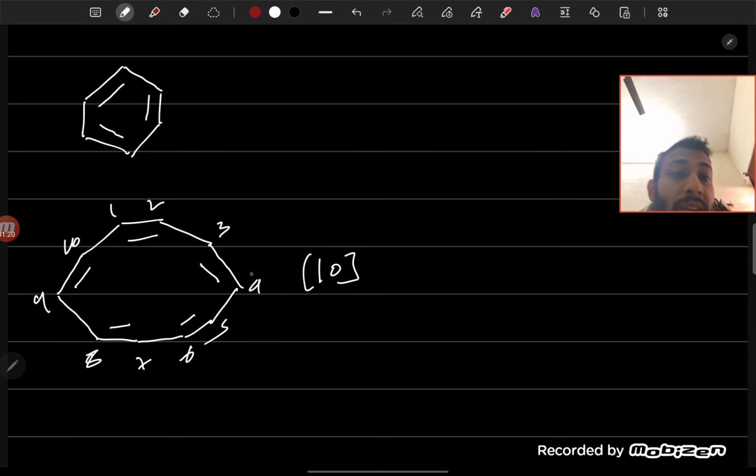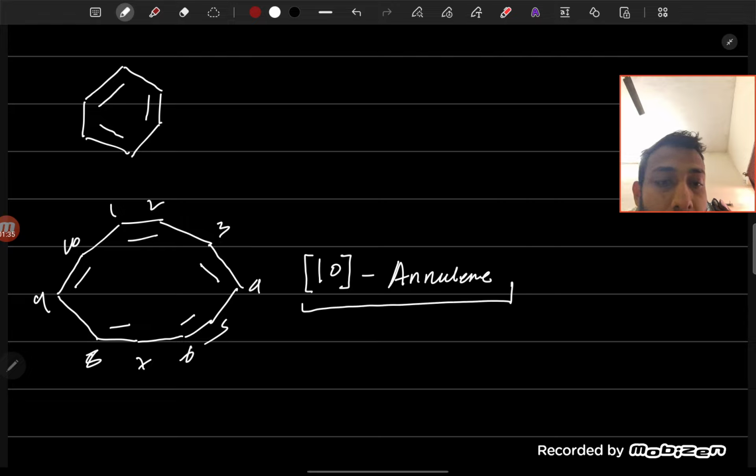This particular compound has 10 carbons, so we represent it in brackets and then write annulene. This is the name of this compound. It also has alternate sigma and pi bonds, and these pi electrons can circulate in the whole ring.